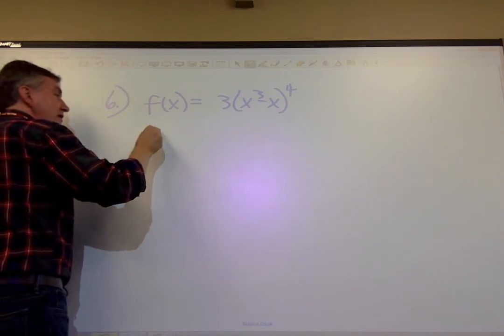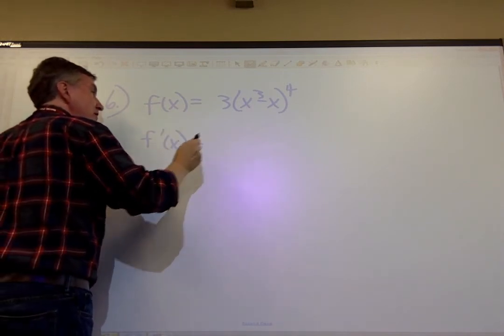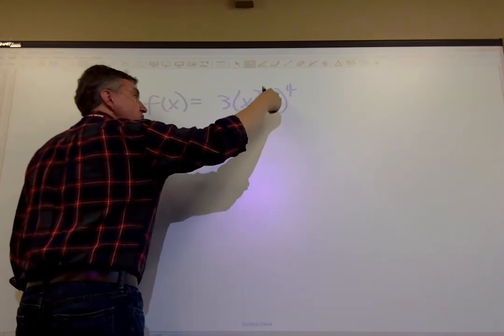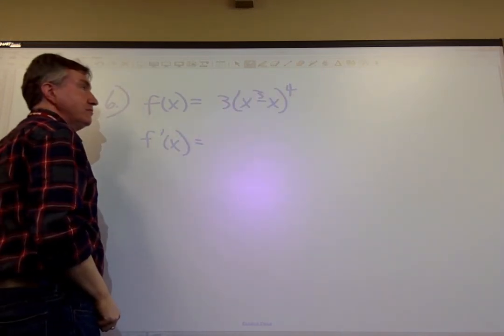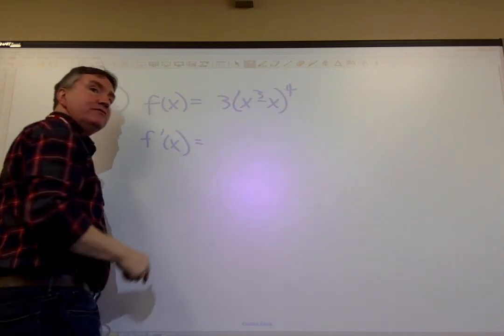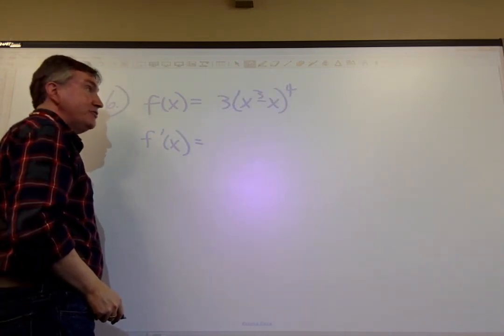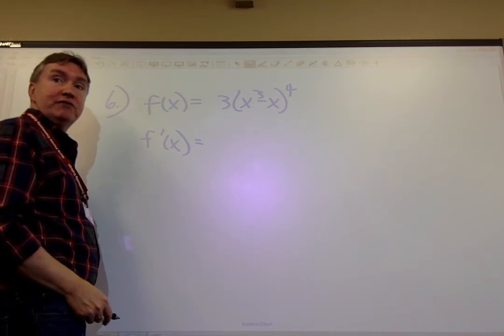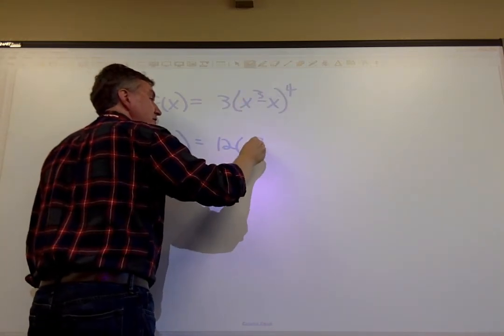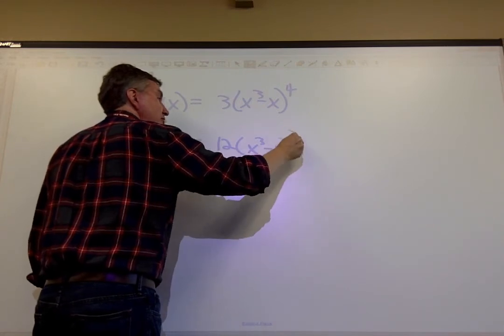If I want to find f prime of x, what's the derivative of this outer function, 3u to the 4th? 12u to the 3rd. Well, I'm just going to write that x cubed minus x instead of u. Okay? I'm going to say the derivative of the outer is 12. It stays the same. And drop that by 1.